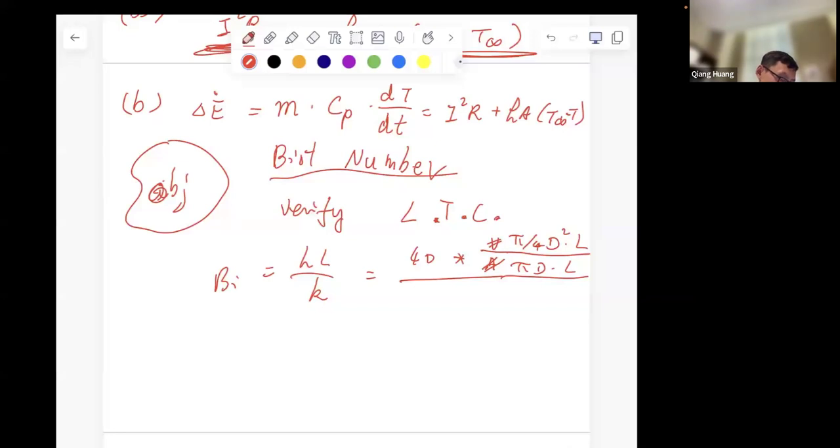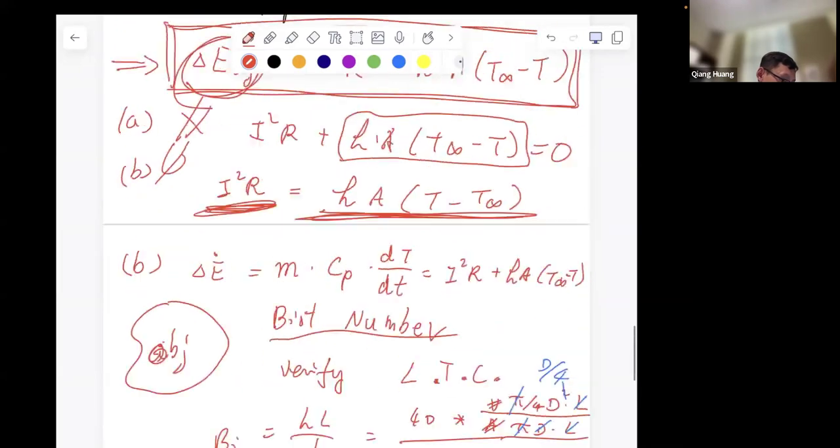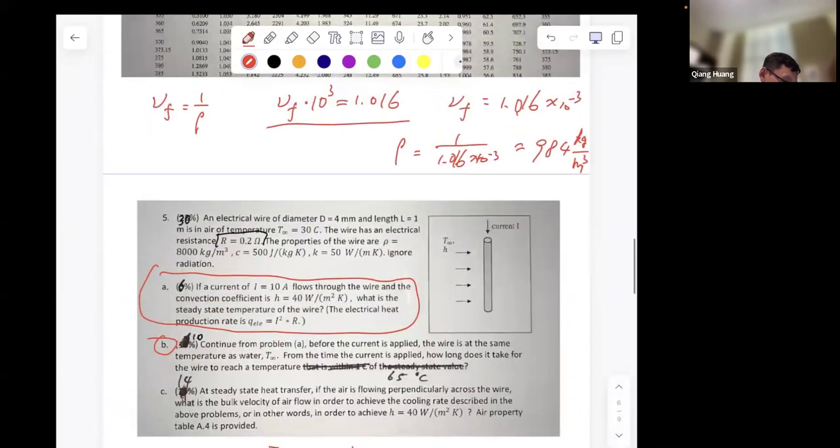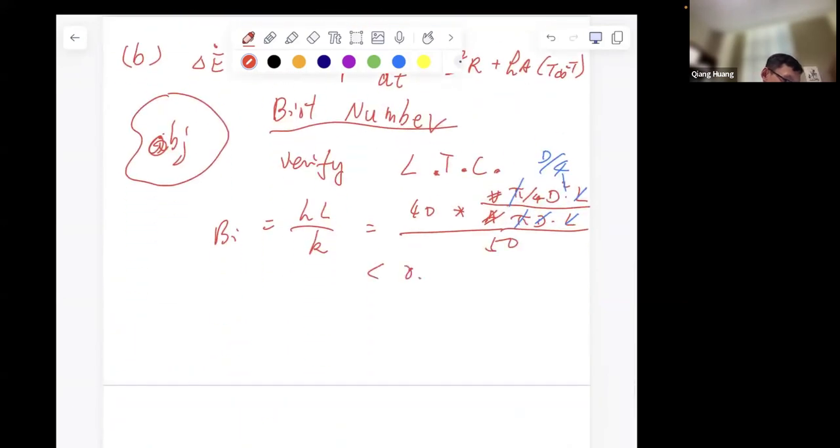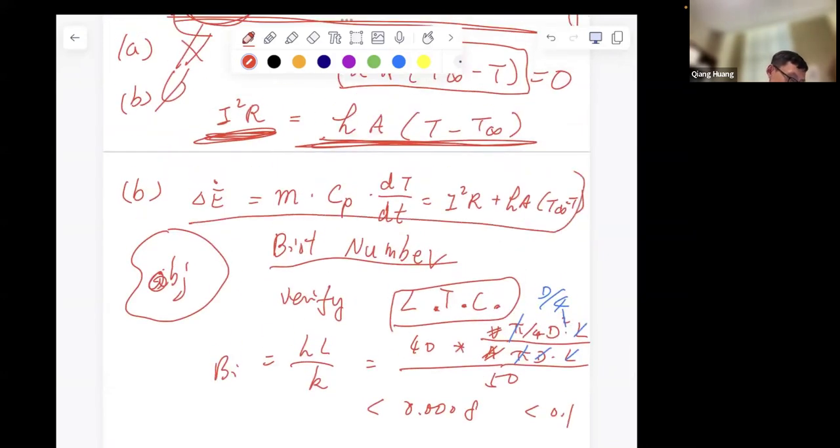So you can see the pi cancels, the diameter cancels once, and the length also cancels. So it's actually a quarter of the diameter. And then the denominator is k, the conduction coefficient of the object, which is given as 50. So you can put it here. And this actually is 0.008, very, very small. So it is much less than 0.1. So the lumped thermal capacitance approach is correct. Therefore, this equation is correct.